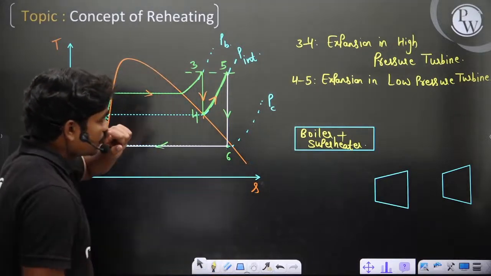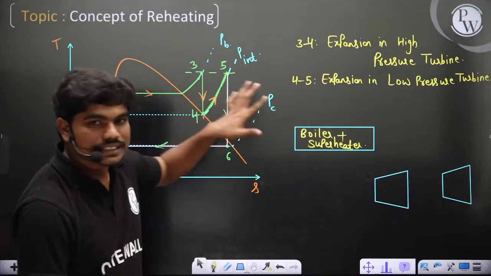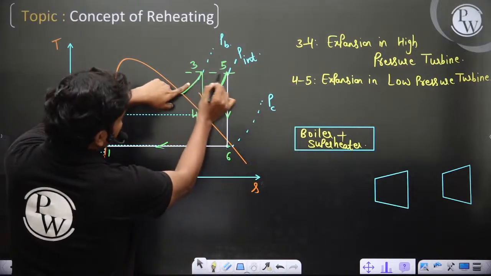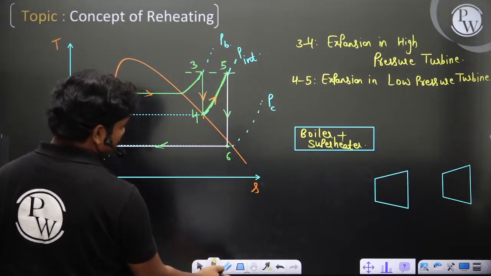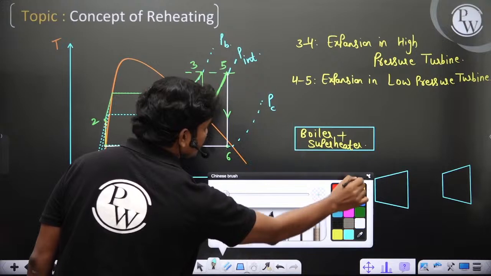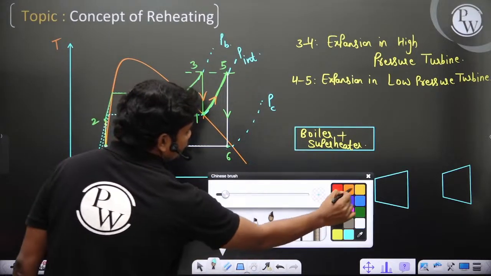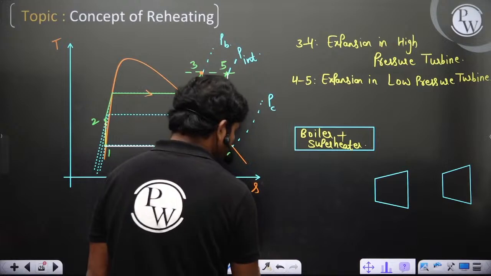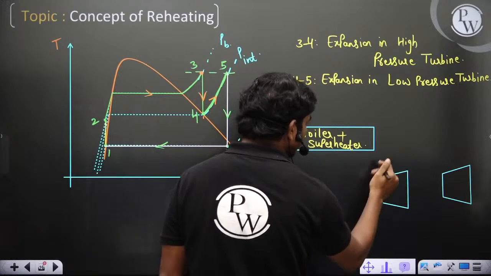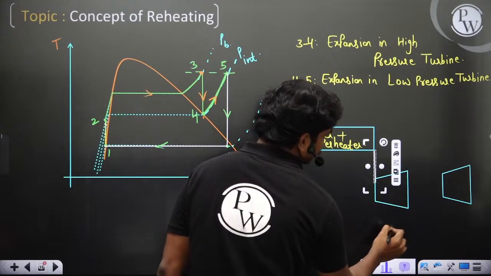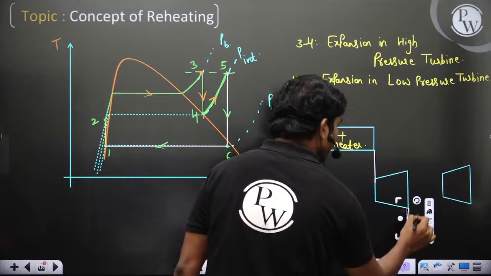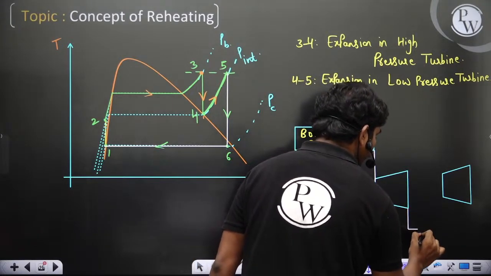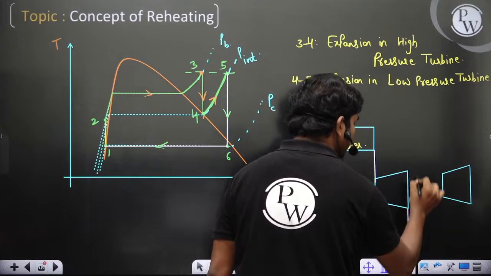Now anyway, how do you decide which is the high pressure turbine and which is the low pressure turbine? If you take this point, which is the entry to one turbine, I'm just trying to put a small sketch here.